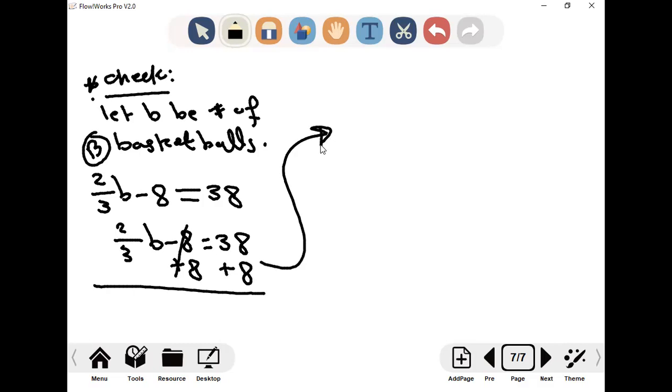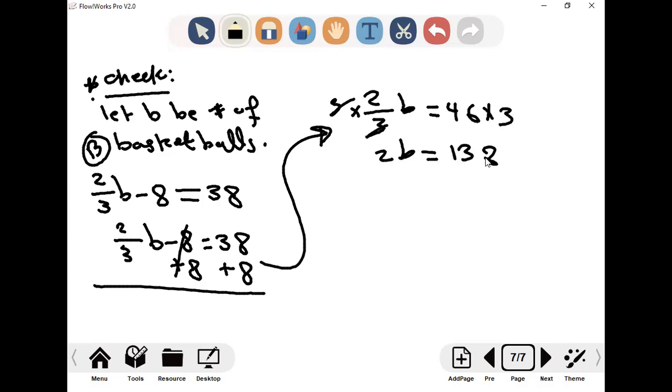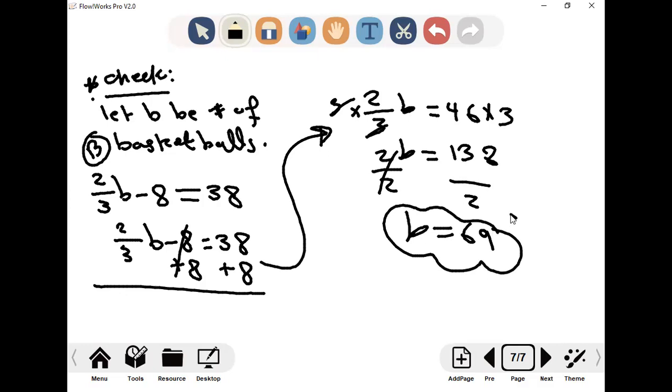Still what here? 2/3 B equals 46. Multiply by 3 now. 2B equals 138. Divide by 2, equals 69. So how many were originally in the shop? 69 balls.